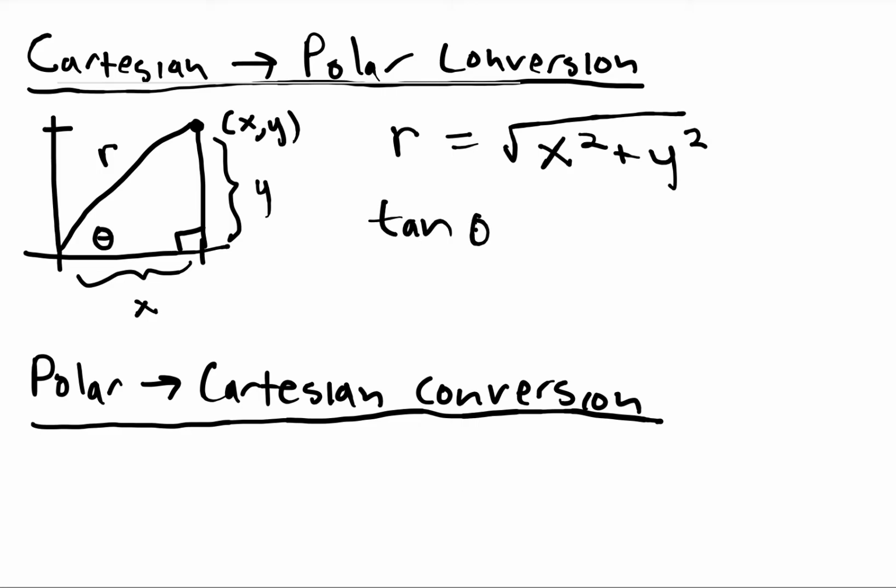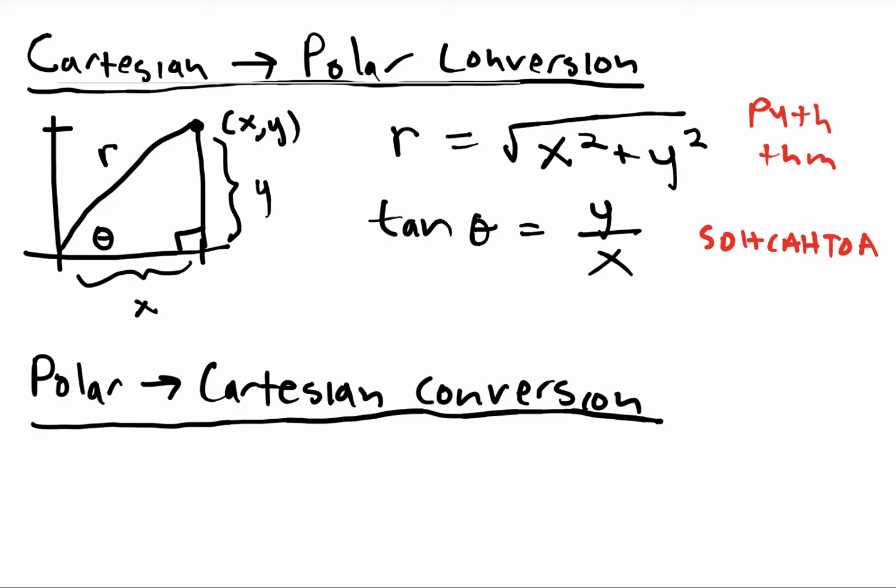So my tangent theta is basically going to be my opposite side over my adjacent side. I'm just going to get tangent theta is y over x. Okay, so again, where we're pulling these from, this guy is my Pythagorean theorem, and this guy is my SOHCAHTOA trick. So basically my trig trick for how to get back my tangent from a reference triangle.